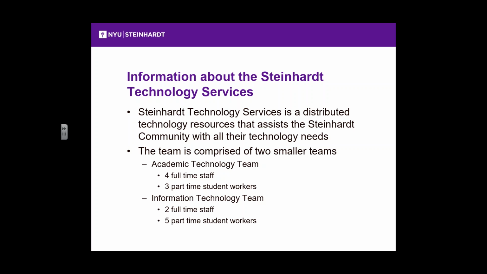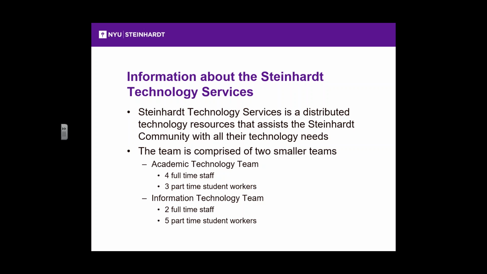The team overall is comprised of 2 smaller teams. One is the academic technology team, which is comprised of 4 full-time staff members and 3 part-time student workers. And then the team I lead, the information technology team, which is 2 full-time staff members and 5 part-time student workers. We have this division within the team because the academic technology team focuses more on technology and its use in enhancing education.